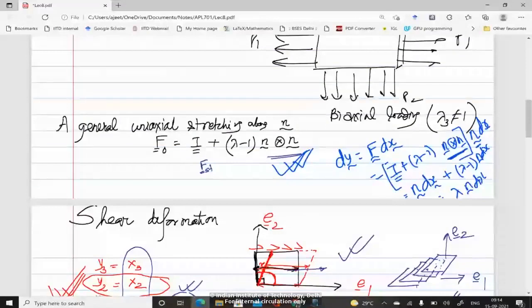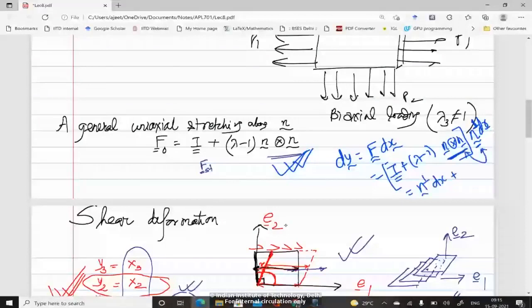But if you choose any other line element perpendicular to n, suppose I redo the same thing taking it to be n perp, any line element perpendicular to n. When I work it out, it becomes n perp dx plus the second term, n dot n perp, which is 0.